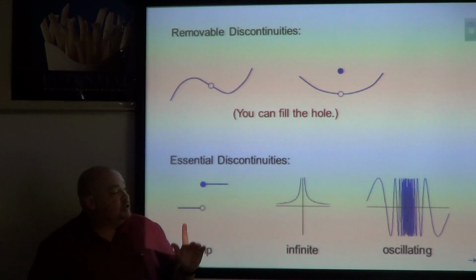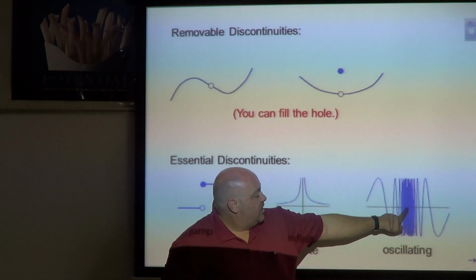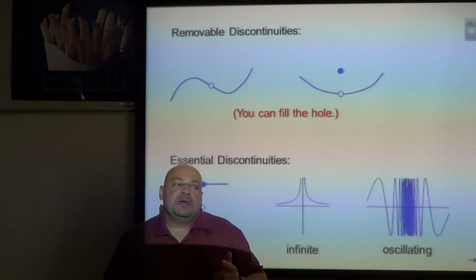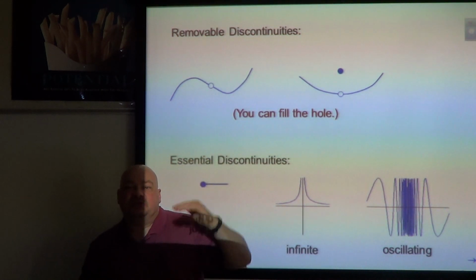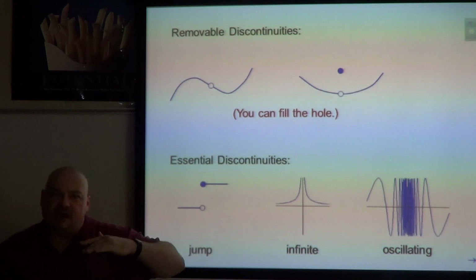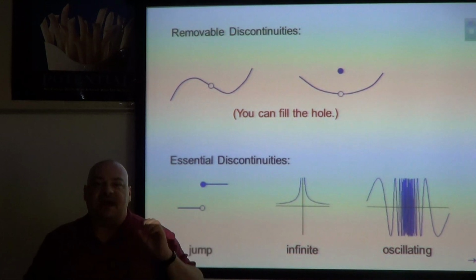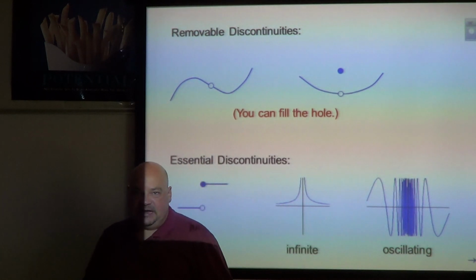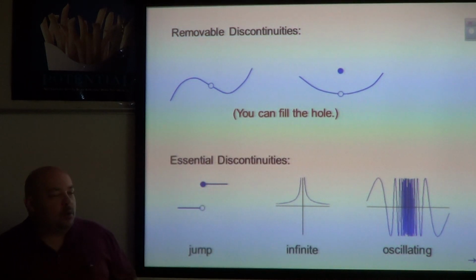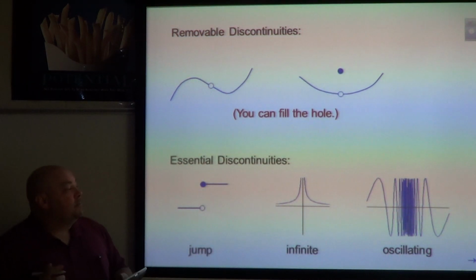What happens as you get closer and closer to this value with your limit is the y value bounces back and forth between two certain values, and it goes faster and faster the closer you get to that value that you're trying to take the limit at. We'll look at one of those in class probably.